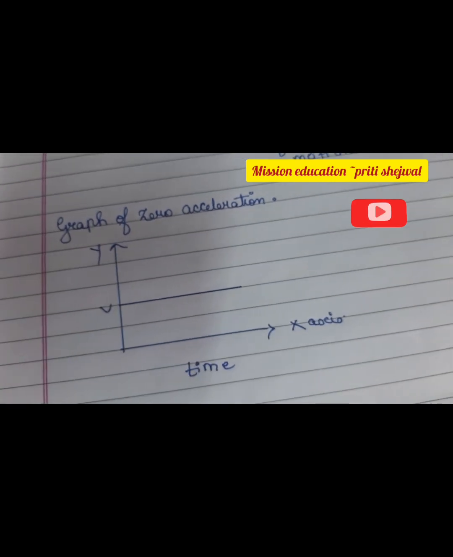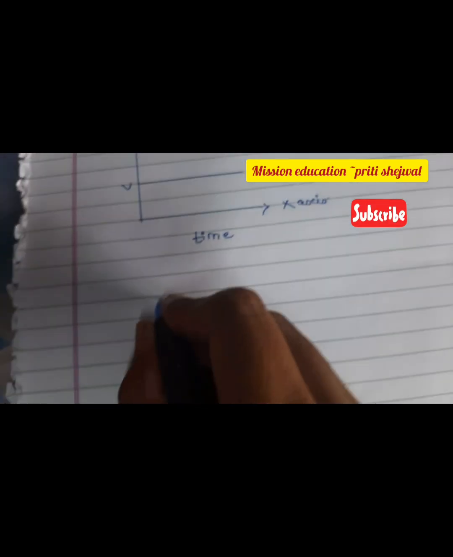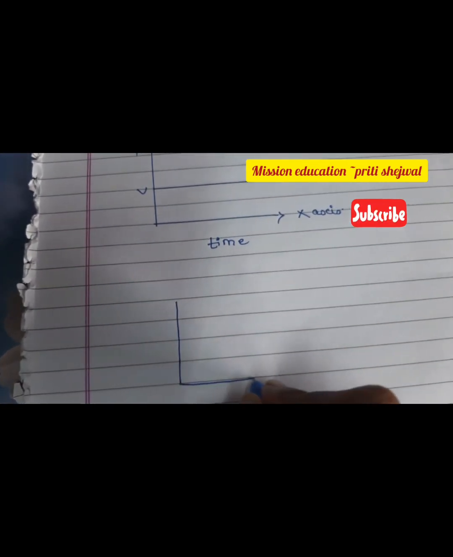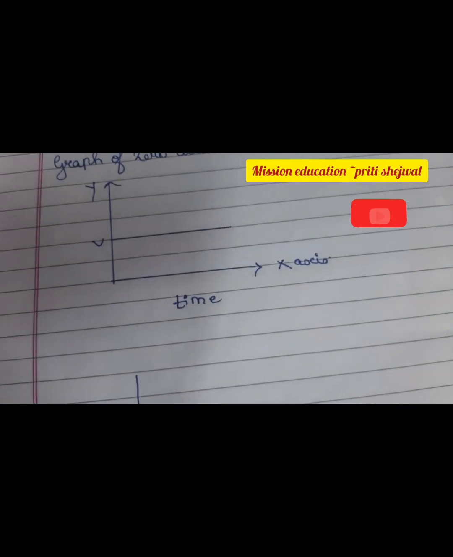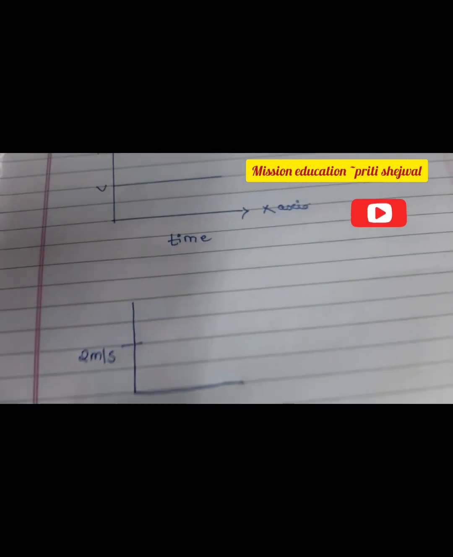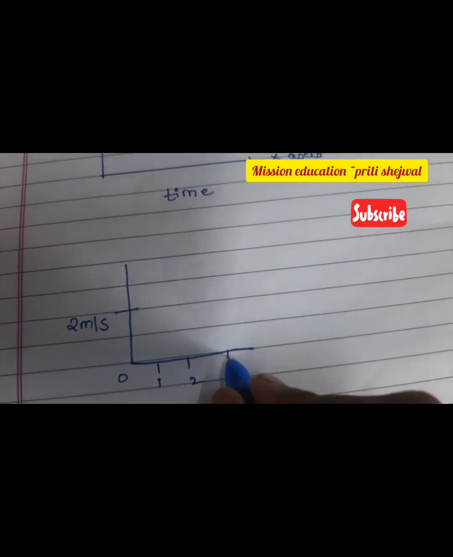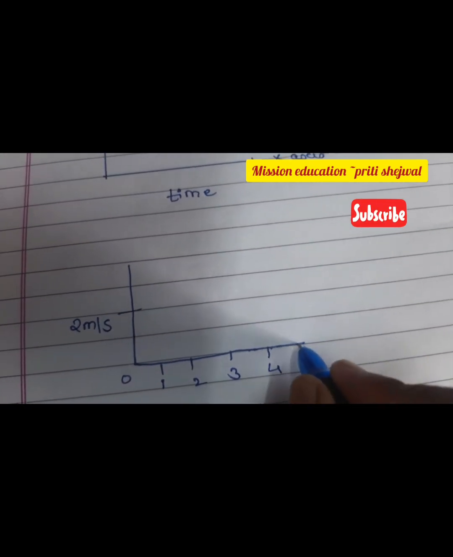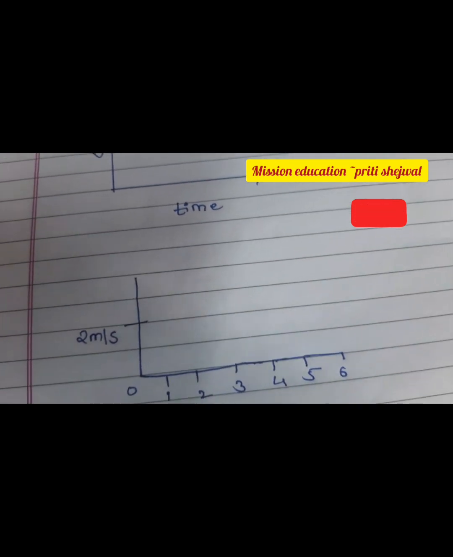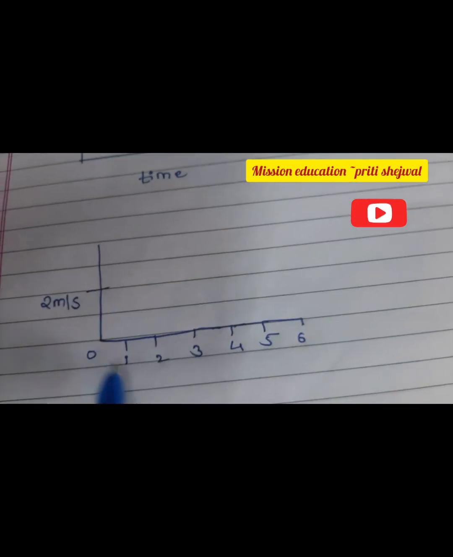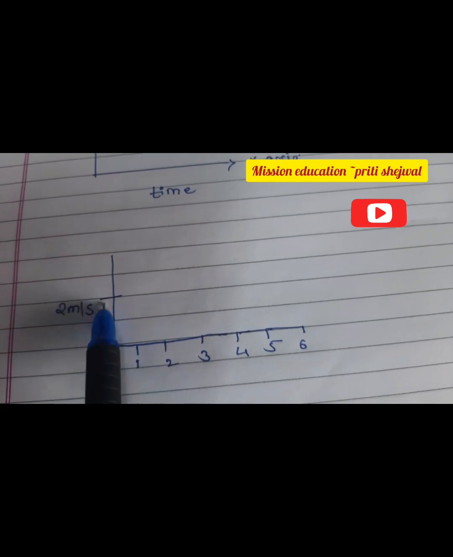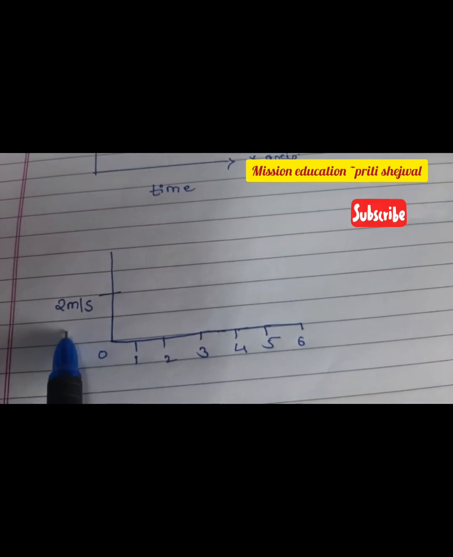Okay. For example, this is the graph of velocity 2 meter per second. Then 0, 1, 2, 3, 4, 5, 6. At 1 second velocity is 2 meter per second.